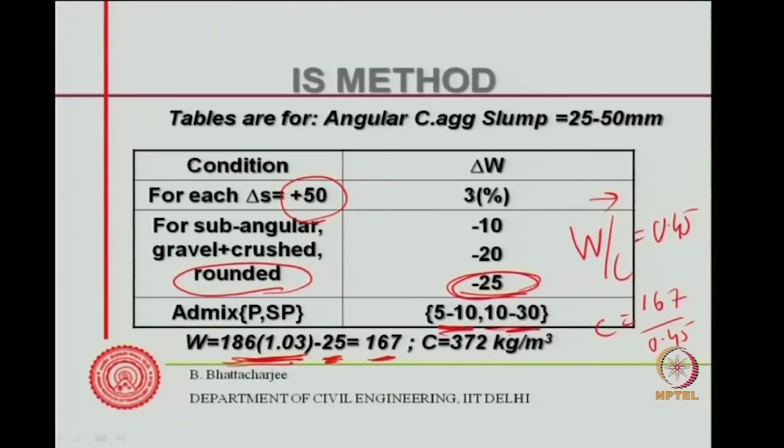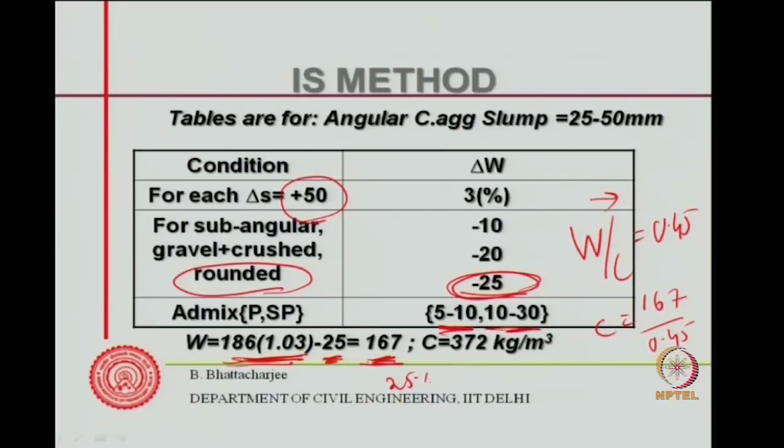Let us say if I decide to use superplasticizer, I can reduce my water by 25%, which means my water will be simply 75% of this. At the moment in this example I am not considering superplasticizer, but if I intend to use it, I can reduce it by 25% by using an appropriate dosage of compatible superplasticizer.